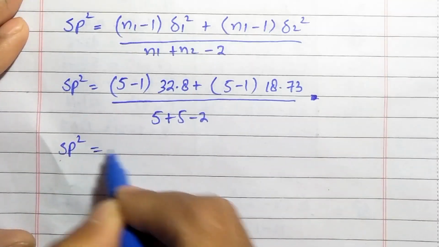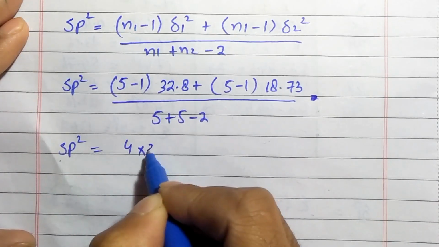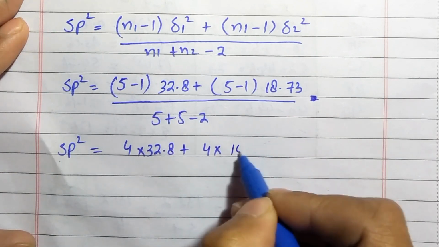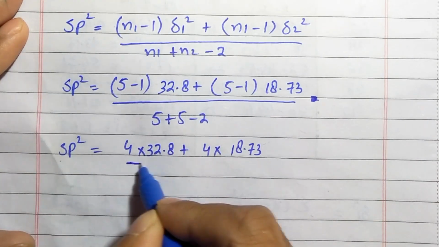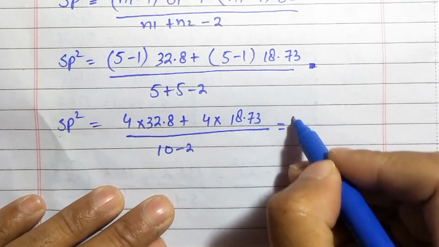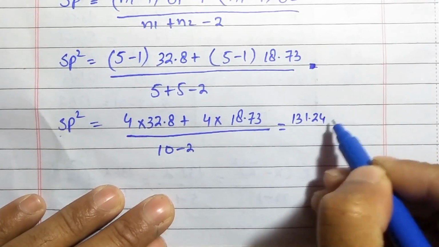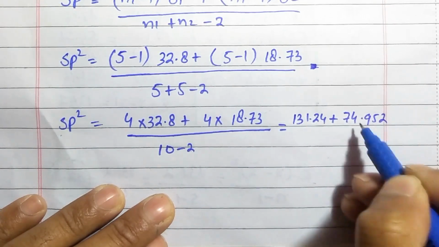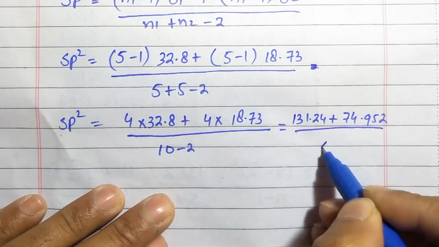Sp square is equal to 4 multiplied by 32.8 plus 4 into 18.73, divided by 10 minus 2, is equal to 131.24 plus 74.952 divided by 8.